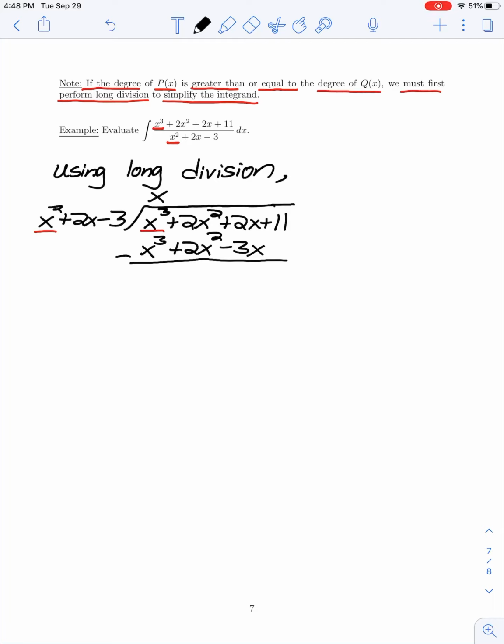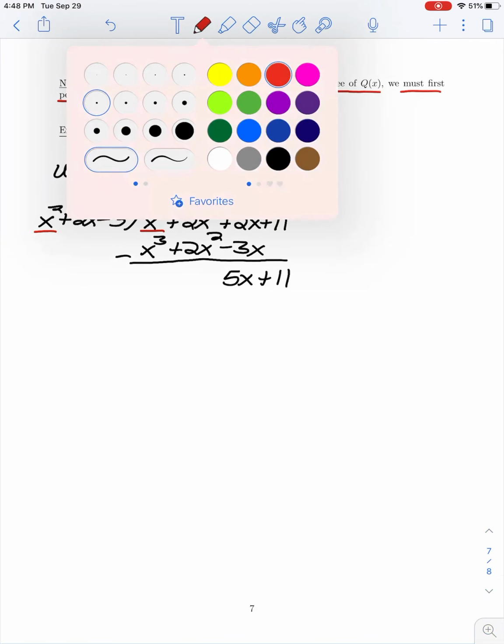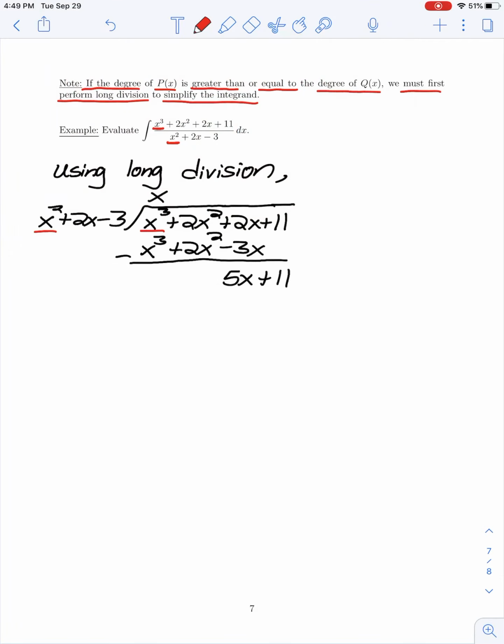This would leave me with 5x plus 11, and then when I compare my lead coefficients of these polynomials, x squared and 5x, I see that x squared now has a greater degree than this remaining term, 5x plus 11, so I can't divide any further here.